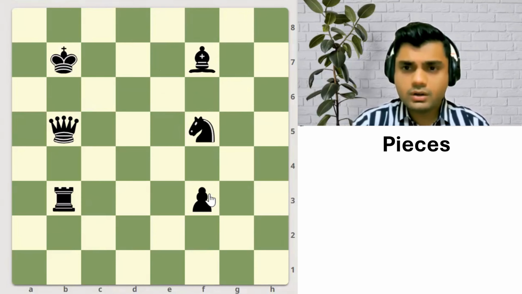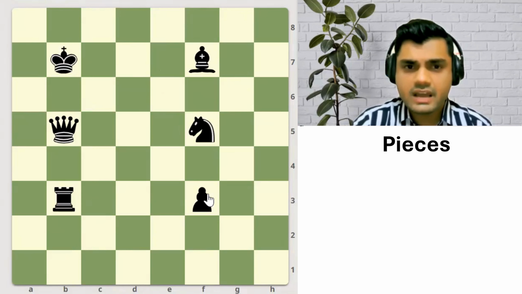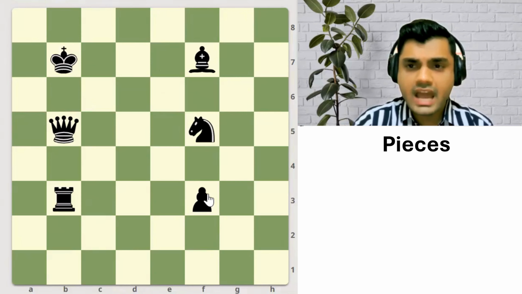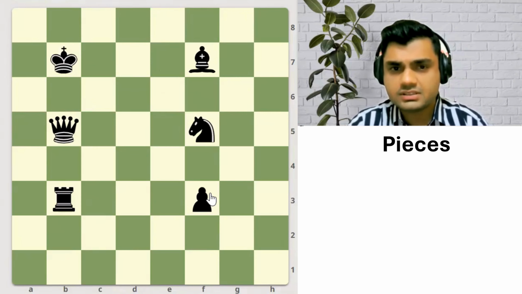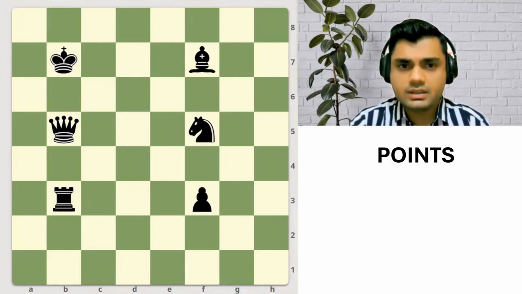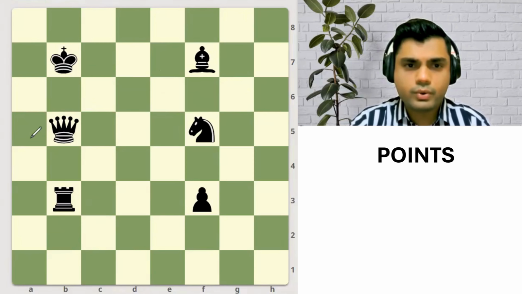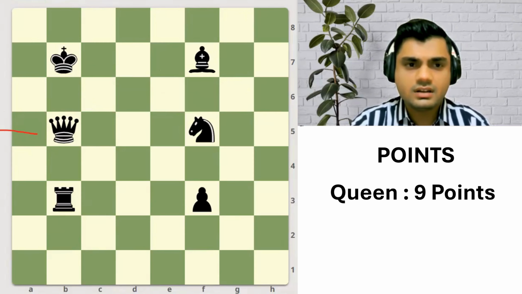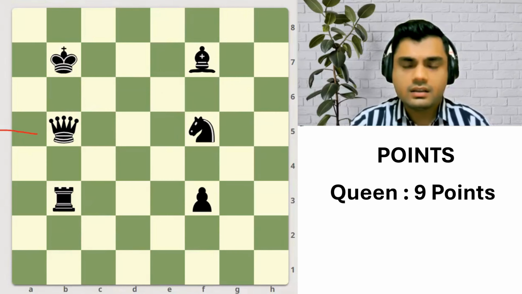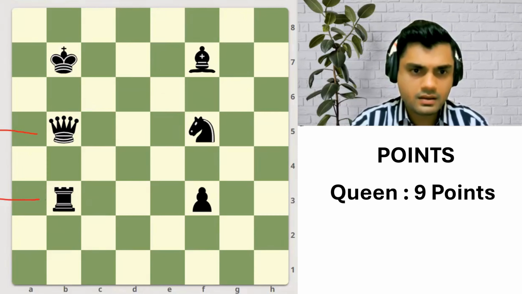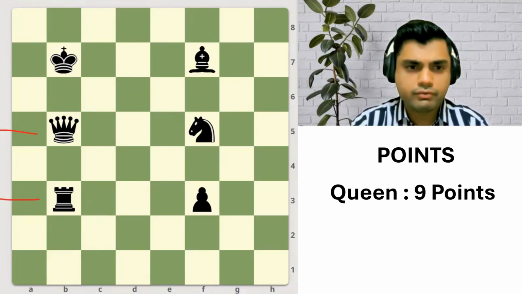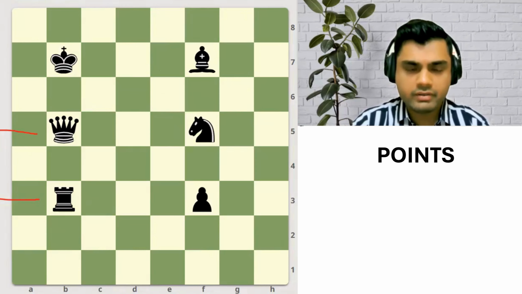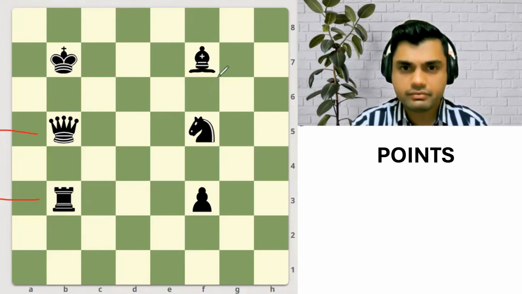Now, in order to know which piece is bigger and which piece is smaller, we have points for each of the pieces. For example, the point value of queen is 9. The point value of rook is 5.